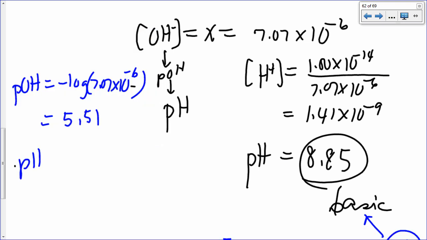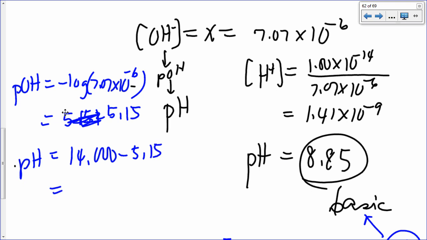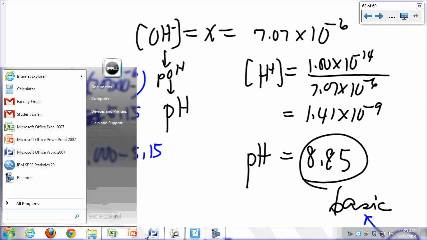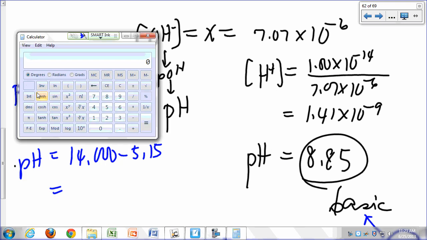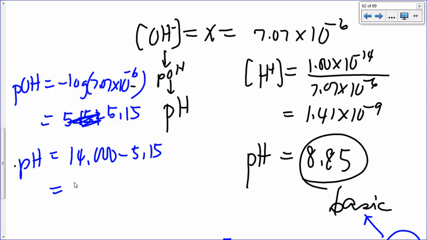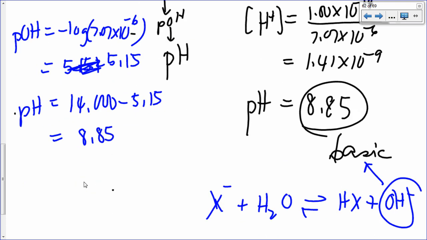And so your pH would be 14.000 minus 5.15. So 14 minus 5.15 is how much? 8.85. So either way, you get the pH. Okay? So that's the equivalence point.